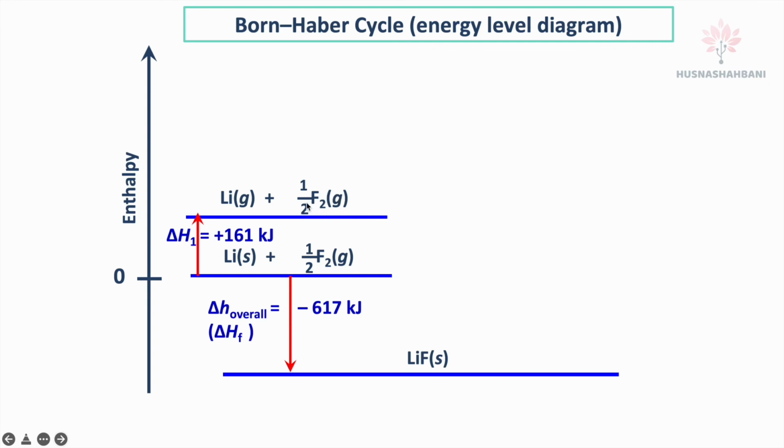The enthalpy of atomization for F2 gas is positive, so the arrow points upward. Half F2, you atomize, it will become F gas. We didn't do anything for Li gas, so just copy it back.